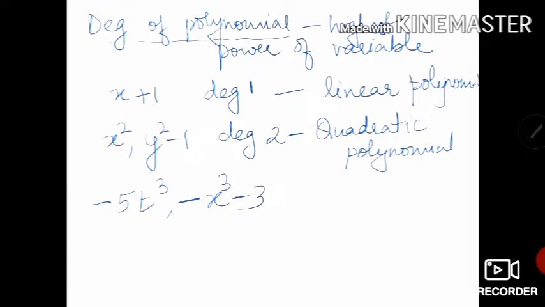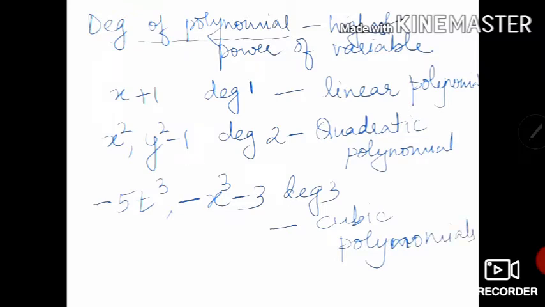These are examples of polynomials which have degree 3. So such polynomials are called cubic polynomials. Can you guess the maximum number of terms a linear, quadratic or cubic polynomial can have?